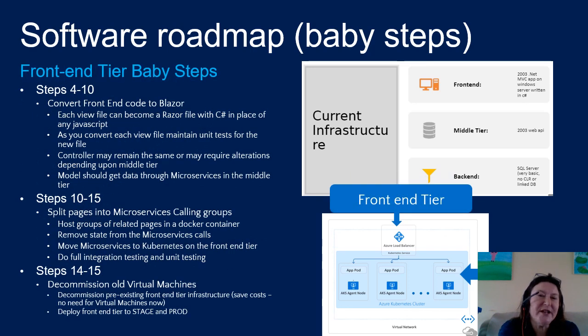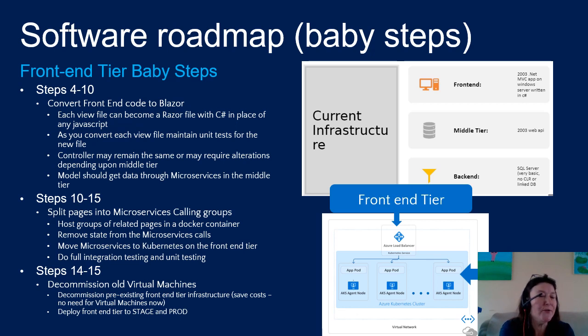While all those changes have been happening in the middle tier, the front end tier has also been doing some baby steps. So these steps here are how you would do the front end. You would convert the front end code into what you're going to use for the front end. In our case, we've decided Blazor.